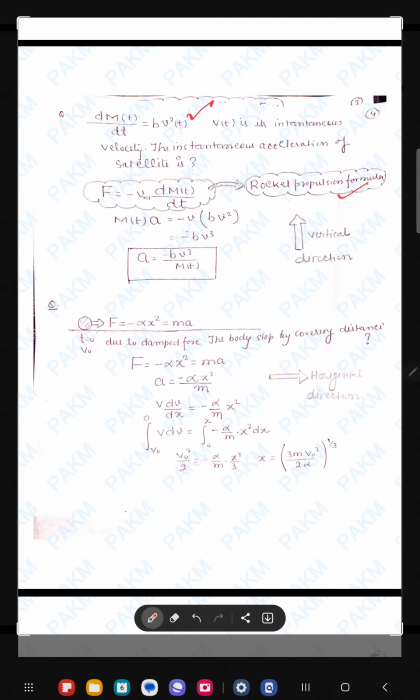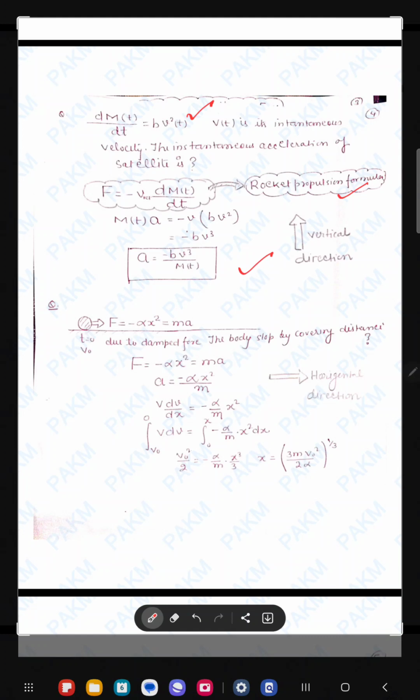This is the concept of rocket propulsion. Fine, we have to calculate the acceleration, so we can put F is equal to m into a, that is v times dm by dt, whose value they have given as b v square. Now a would be b v cube upon m t. So this is in the vertical direction.